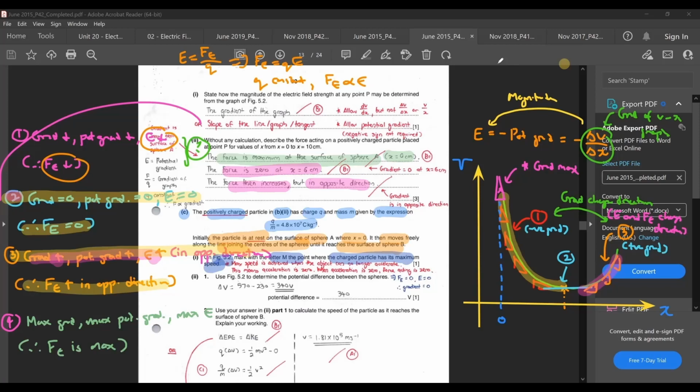So how will you do this? Before I go to that, let me just write certain things here on the graph that I just drew. For point number 1, I should probably have written it as gradient decrease. For point number 3, I should have written it as gradient increase but opposite direction. This will make your graph look a lot more complete now.